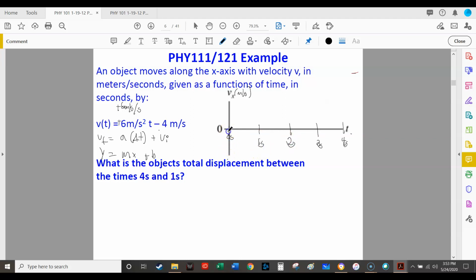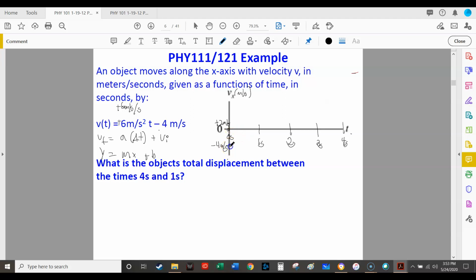So at the 0 seconds mark, it starts off with an initial velocity of negative 4 meters per second. Now it's going to be increasing. It's going to be adding a positive 6 meters per second for every second. That means in the first second, its velocity is going to go from negative 4 to positive 2 meters per second.